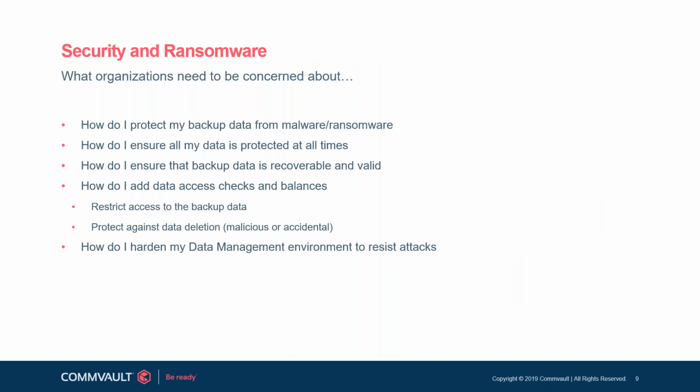So front and center in terms of what we need to be concerned about in light of these attacks, threats and current considerations is, number one, how do we make sure that all of the data stored on our backup infrastructure is protected from malware and ransomware? That's absolutely crucial. We normally operate on the 3-2-1 rule, where 3 copies of the data are on 2 different types of media with 1 offsite.